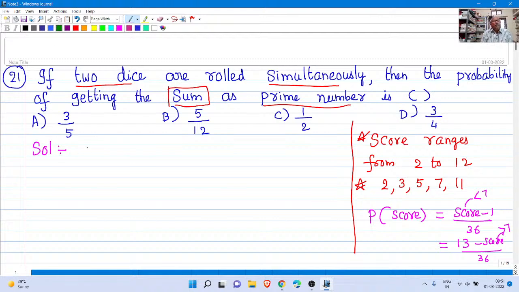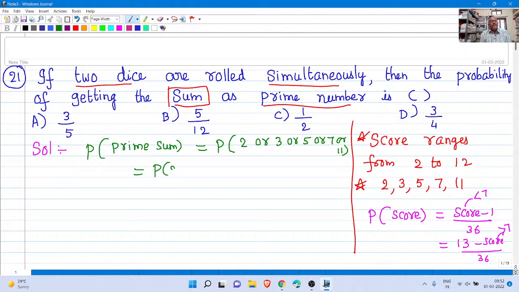When two dice are rolled, P of prime sum, that means P of getting 2 or 3 or 5 or 7 or 11. So that means P of 2 plus P of 3 plus P of 5 plus P of 7 plus P of 11.